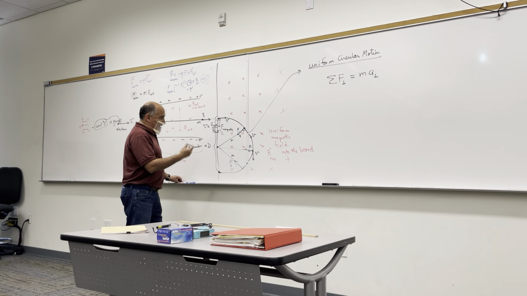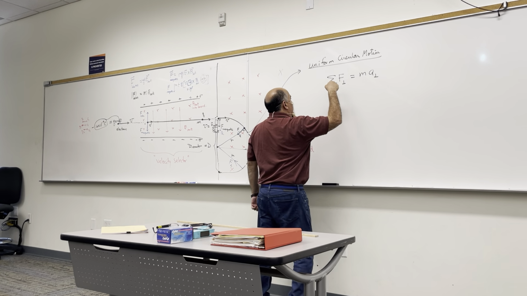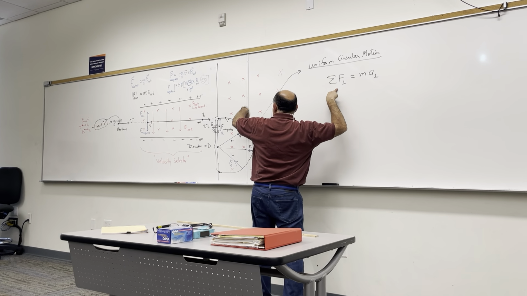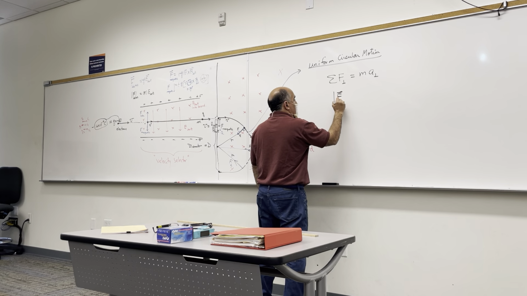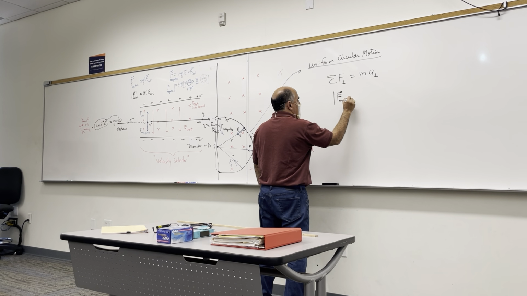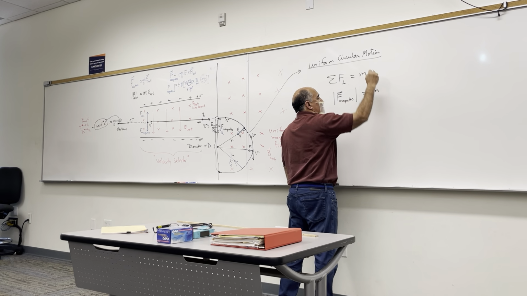There's only a magnetic field over here, no electric field. So the component of the magnetic force along the centripetal axis is just the magnitude of the magnetic force. There are no sines and cosines. That equals m times the centripetal acceleration.